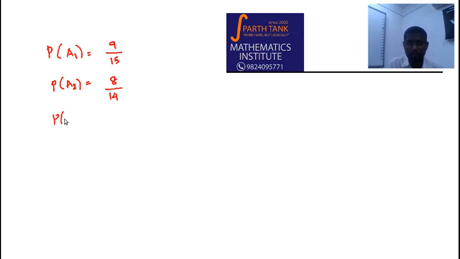And the third one would become 7 by 13 and so on, right? And the last one, the 7th one, would be 3 by 9, right? So 3, 4, 5, 6, 7, 8, 9 are the 7 coupons. And then you multiply all these and the net probability will be the product of all these things.